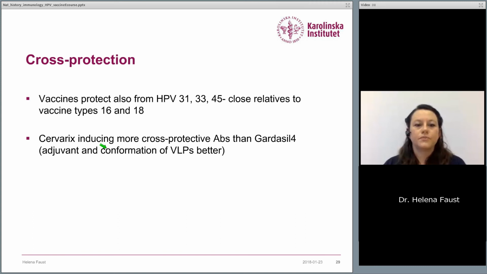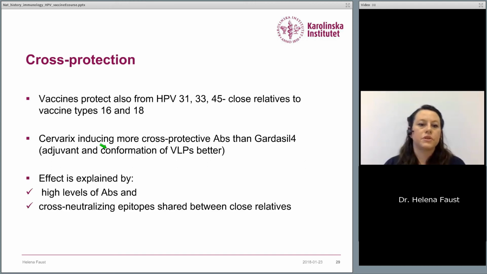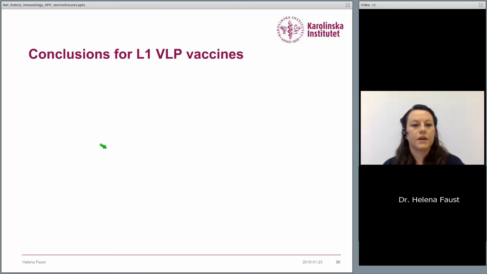Cervarix induces more and higher-level cross-protective antibodies than Gardasil 4 does, because the adjuvant and conformation of VLPs are better in Cervarix. The cross-protection effect is explained by high levels of antibodies and by cross-neutralizing epitopes shared between close relatives.